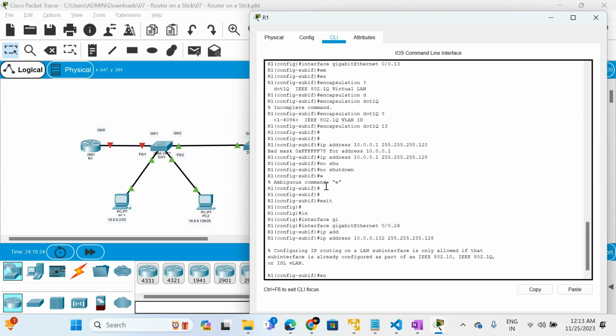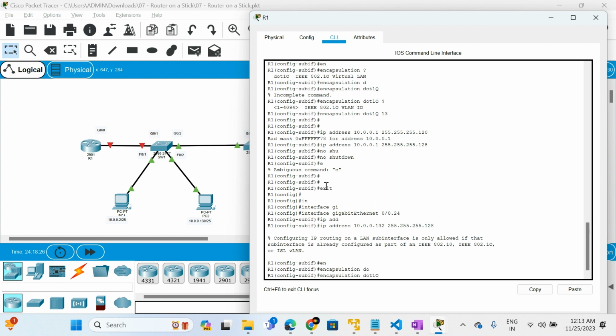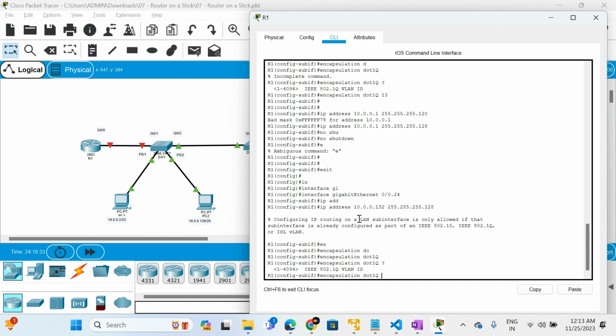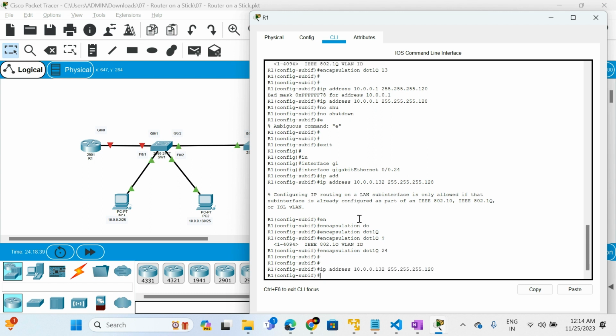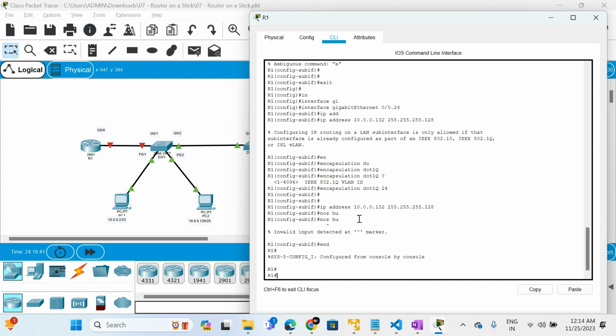For this also encapsulation is required: encapsulation dot1Q 24. No shut.